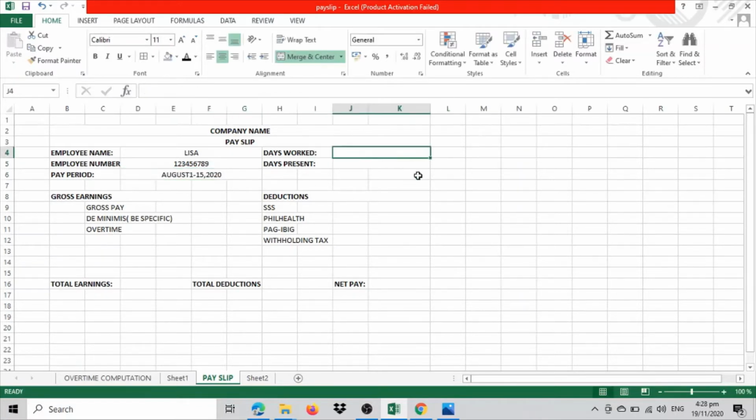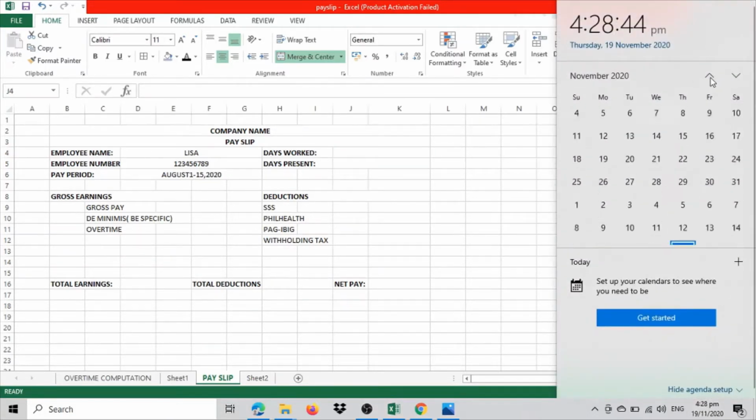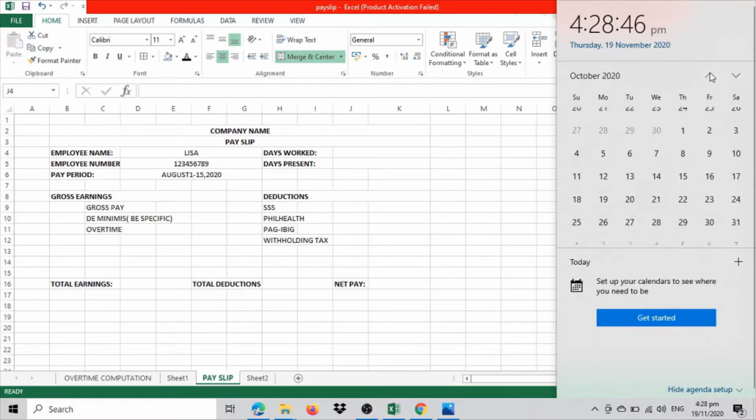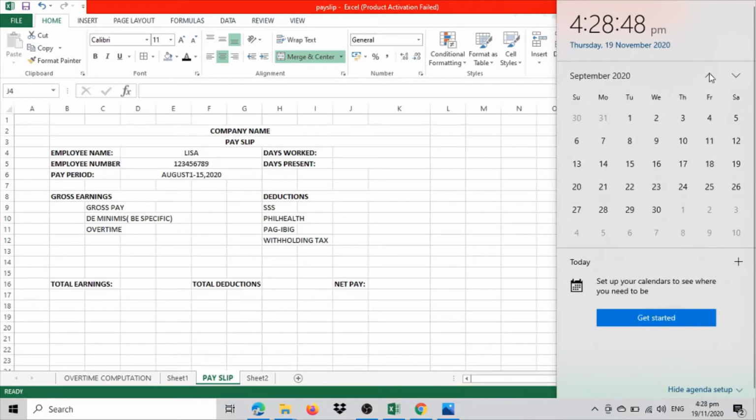Days worked. So let us check the calendar. Supposedly, Lisa's rest day is during Sunday. So let us count. 1, 2, 3, 4, 5, 6, 7, 8, 9, 10, 11, 12, 13.